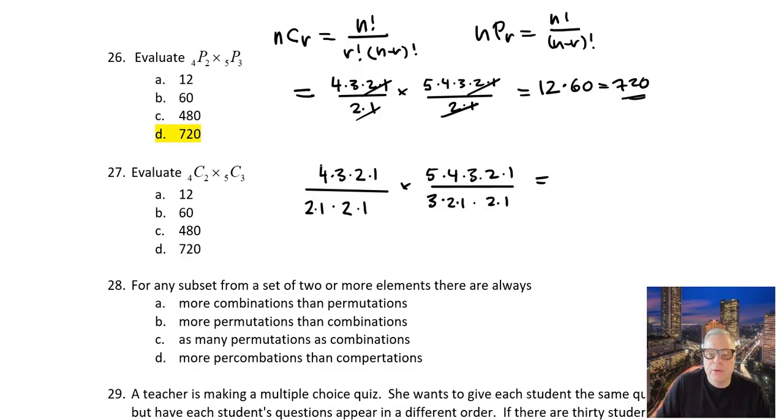Okay, so now this cancels out with this. So now we have 4 times 3, 12 over 2. So this becomes 6. Here, the 3 times 2 times 1 cancels out. So now we have 20 over 2. So that's 10. 6 times 10, so we should get 60.